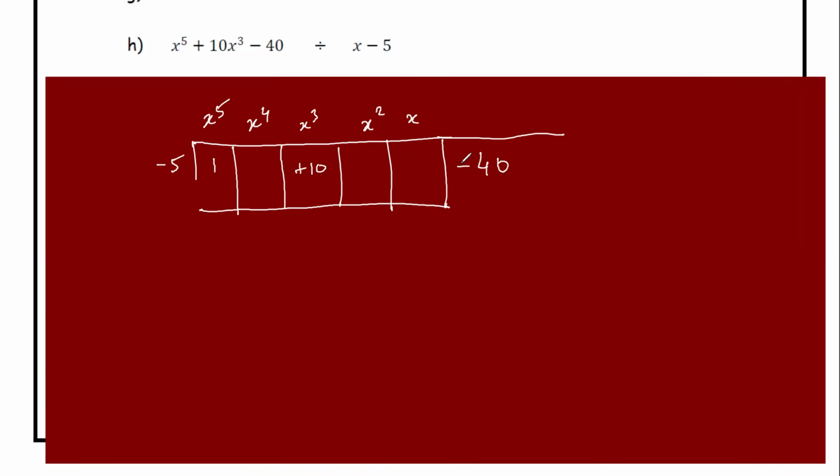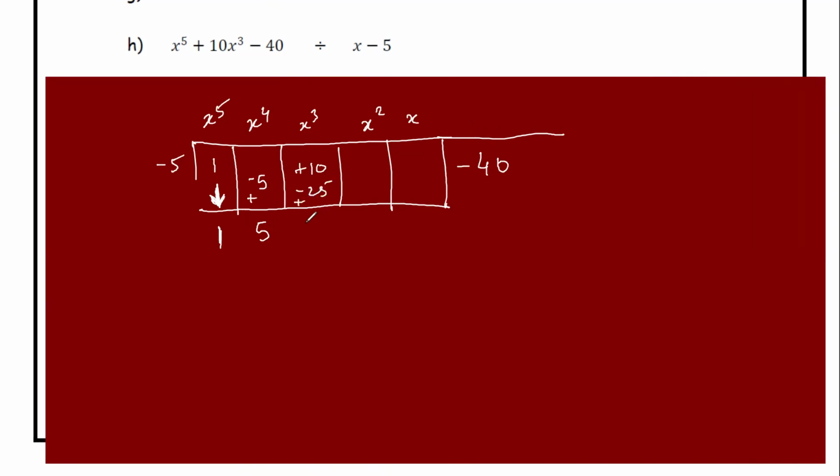Okay, so now bring down the 1 out here, right? So you have to bring it down. So negative 5 into 1 is negative 5. Now that's the reason the gap is important, right? So the sign changes and you got positive 5. So negative 5 into 5 is negative 25.